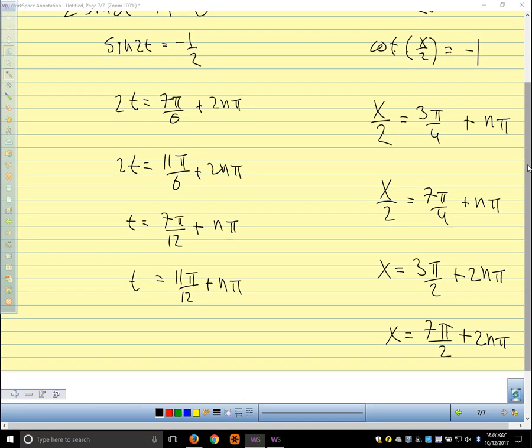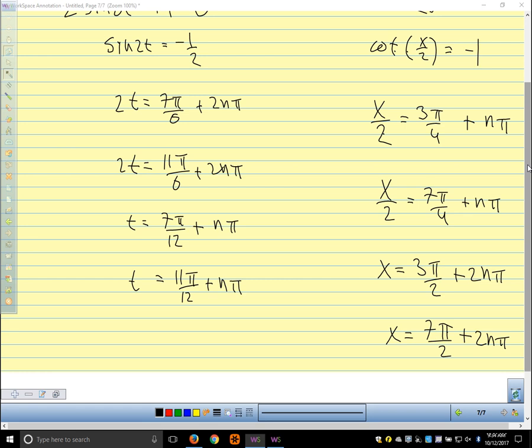And that makes sense here because the dividing by 2 makes the period longer, so you should get fewer solutions in the same interval. Well, these numbers are bigger, so fewer of them are going to fit between 0 and 2 pi.